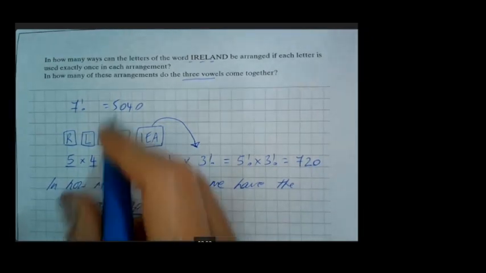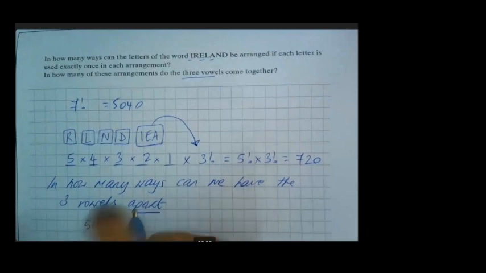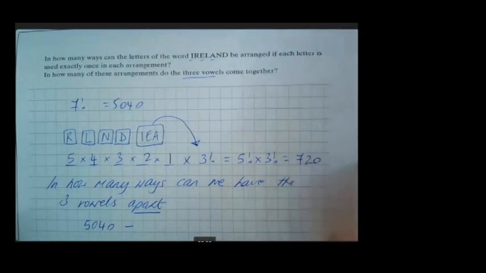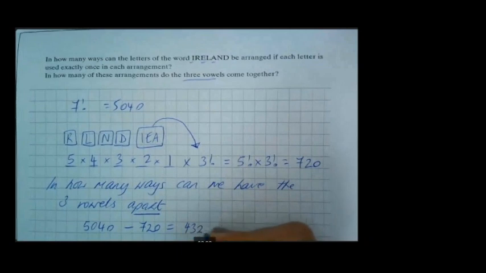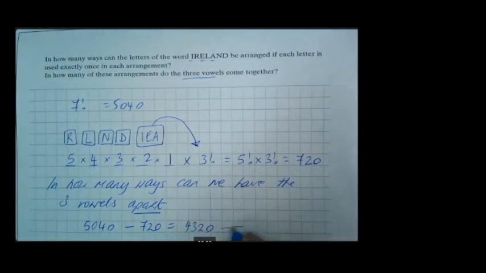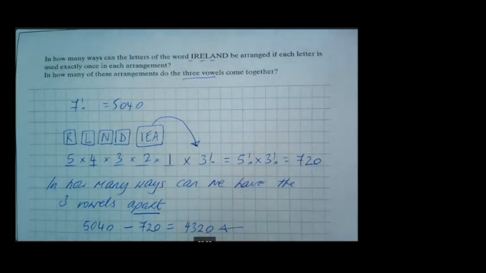So in other words, all the ways of arranging the letters with no restrictions, take away how many ways they are together, and what I'm left with is 4,320. That is how many ways the 3 vowels must be apart.